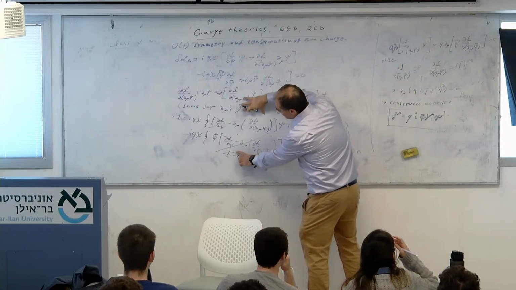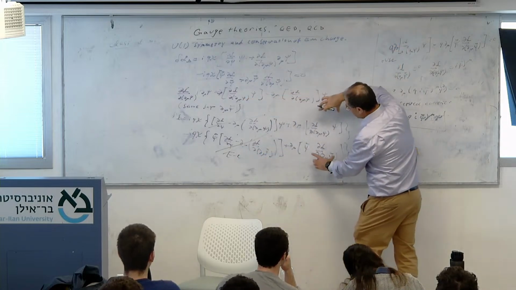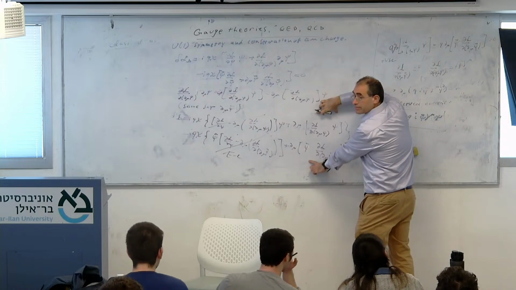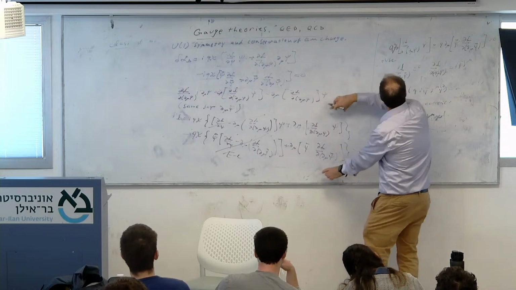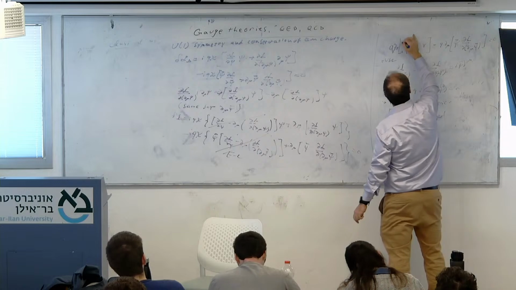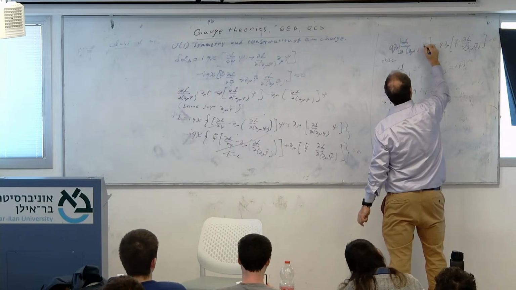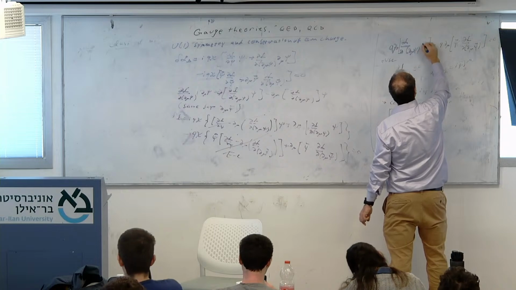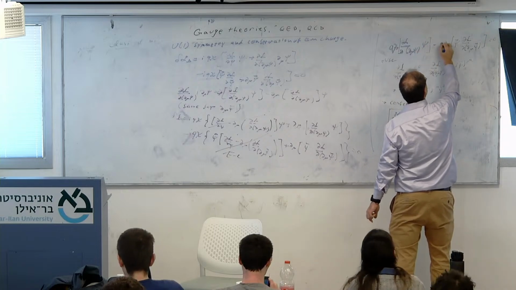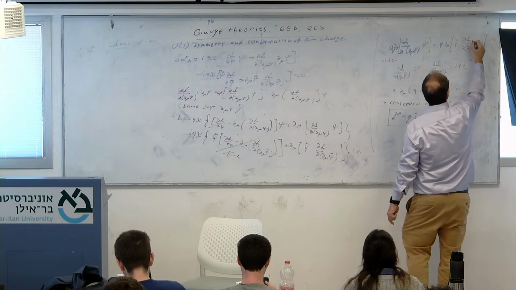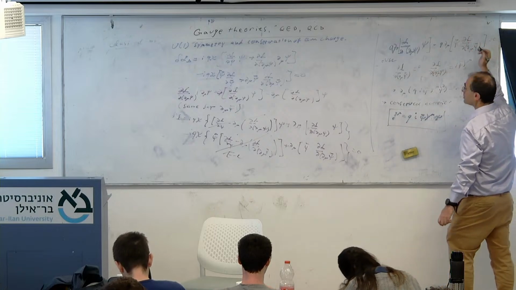These two terms cancel because of Euler-Lagrange, so I'm really writing these two terms. That's what I'm left with. Okay, I have these two terms, Q dL over d mu psi minus Q d mu psi bar dL over d mu psi bar is equal to 0.